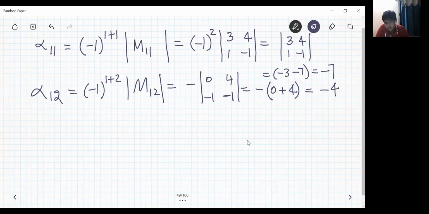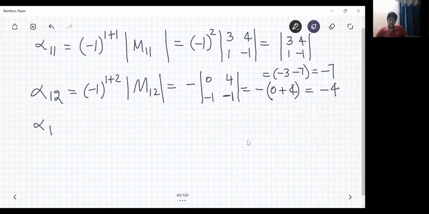That means the minus is outside, minus into plus becomes minus, so again minus 4 comes, because minus 1 to the power of 1 plus 2 is an odd number. Therefore, there will be a minus sign outside. Otherwise you will not get the minus there; you will get 4 only.